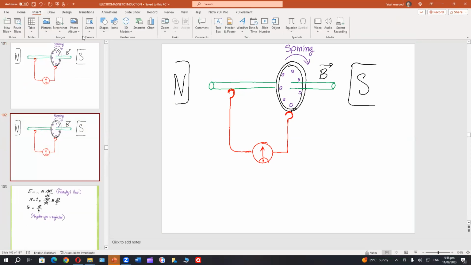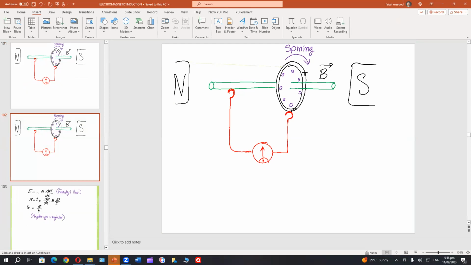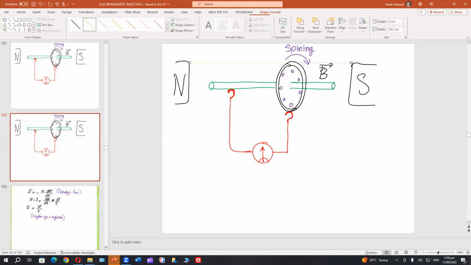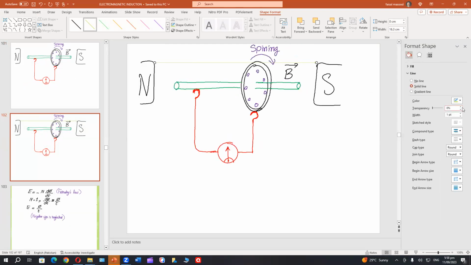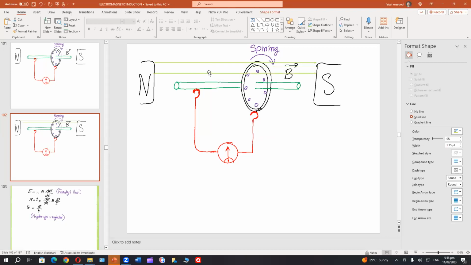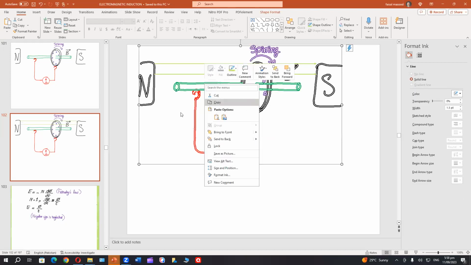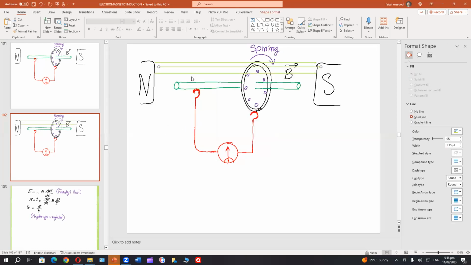And write that, consider a spinning disc in a magnetic field with holes in it.